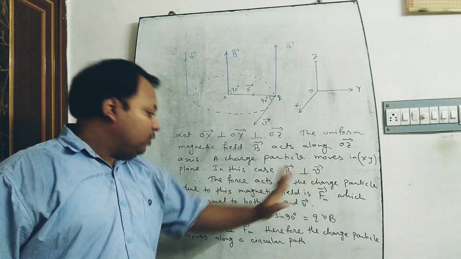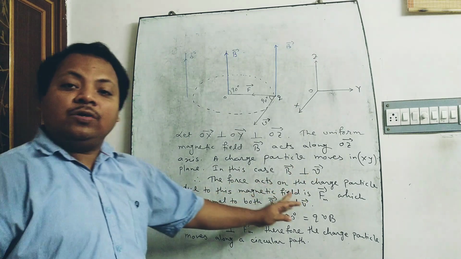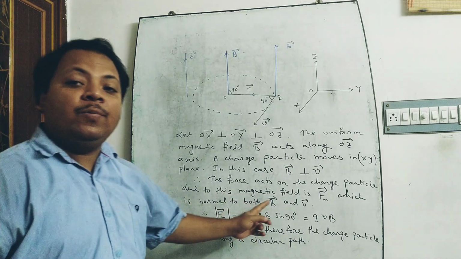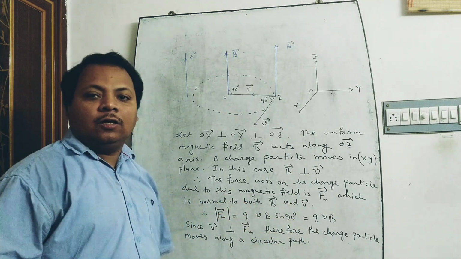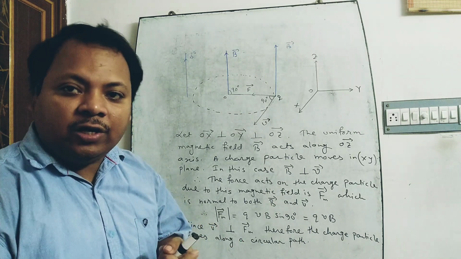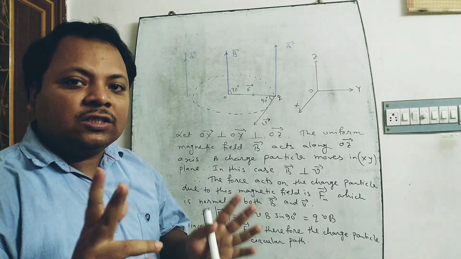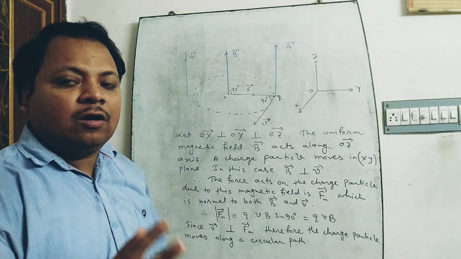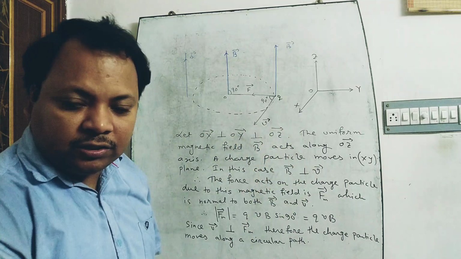The force acting on the charged particle due to the magnetic field is Fm, which is normal to both V and B. You know that the cross product or vector product of two vectors is mutually perpendicular to the plane containing the previous two vectors.